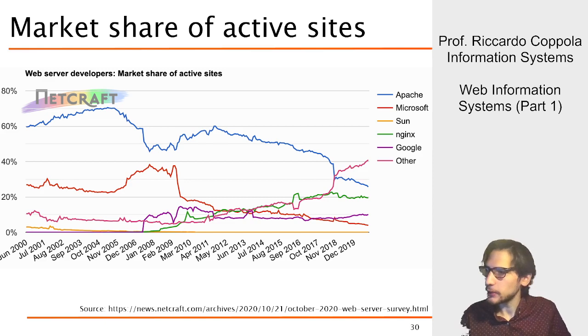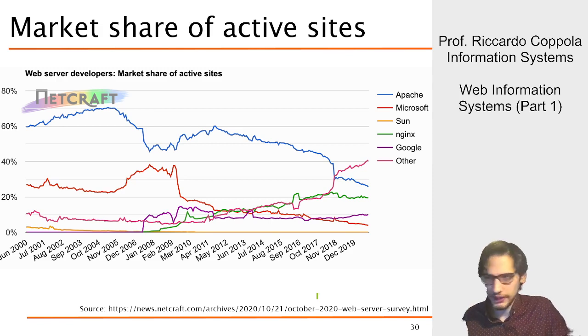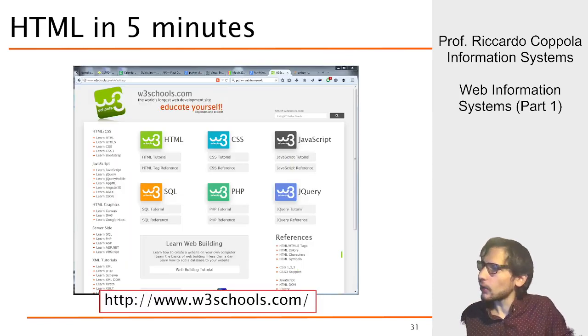Recently there has been an explosion of technologies supporting HTTP, so there are many different ones, and selecting the proper web server technology is a part of web application engineering design, which is of course not part of this course.